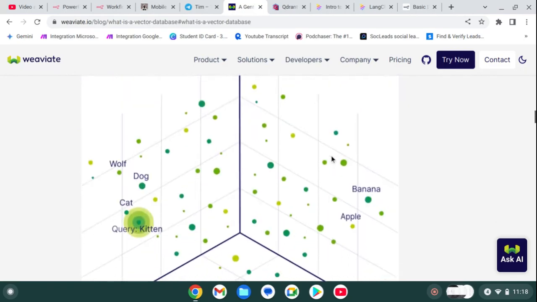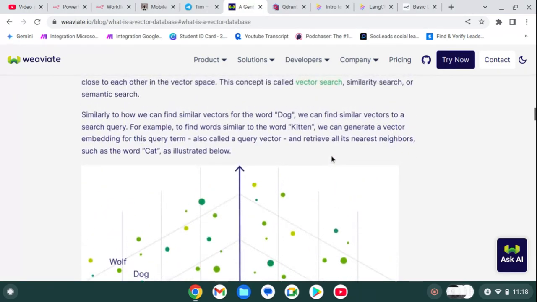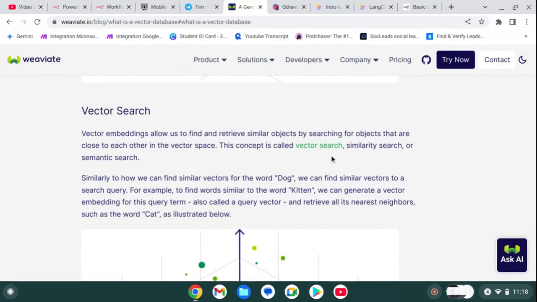Now let's explain vector search with an example. Vector embedding allows us to retrieve similar objects by searching for objects that are close to each other in the vector space. This concept is called vector search, similarity search, or semantic search. For the word dog, we can find similar vectors to a search query.